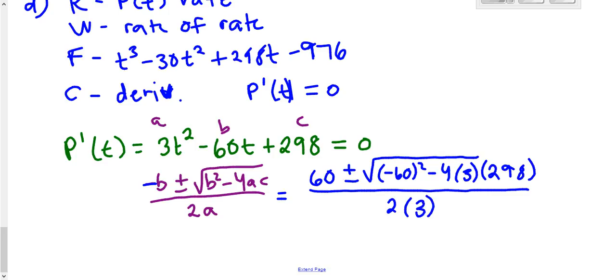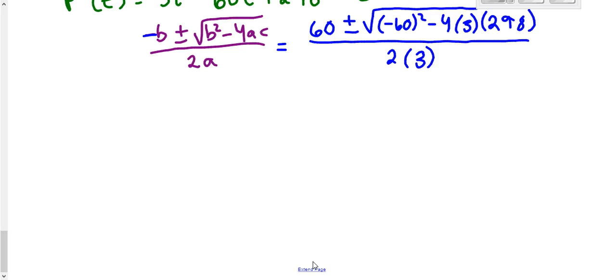Negative B plus or minus square root of B squared minus 4AC all over 2A. Look up the songs, memorize it. You will use it for the rest of your math career if you continue in this class or if you go to a different math class.